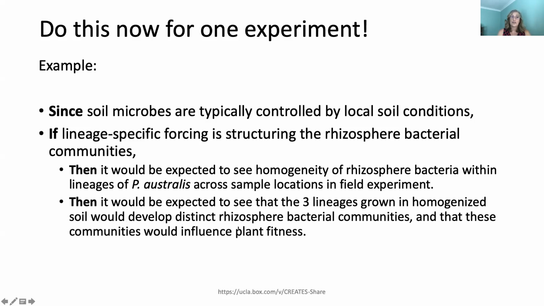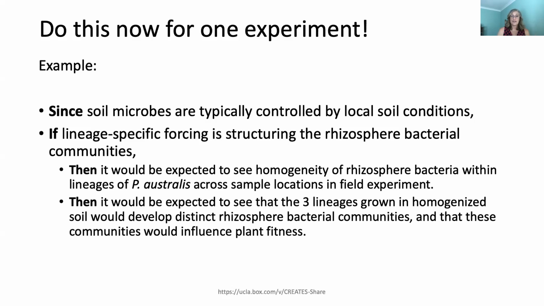They might expect to see the bacterial communities be more similar to each other within a particular lineage. Another expected outcome, if this is true, is that if you take those three lineages and put them into communities that have the same bacteria, then those communities might change based on the plant that's there. Again, this is trying to put all of the parts of a particular experiment back together.